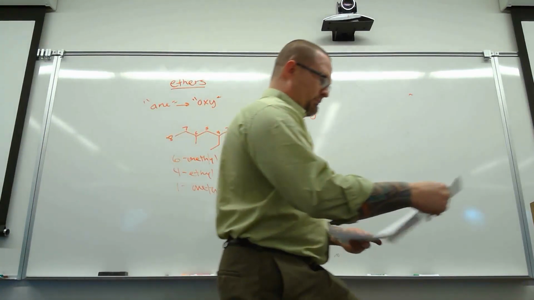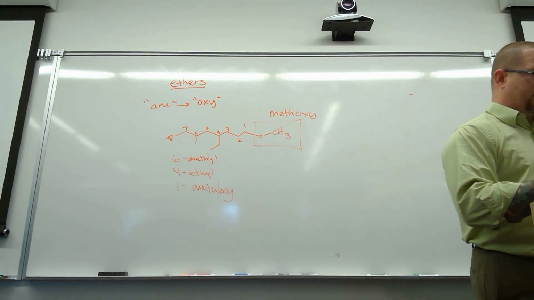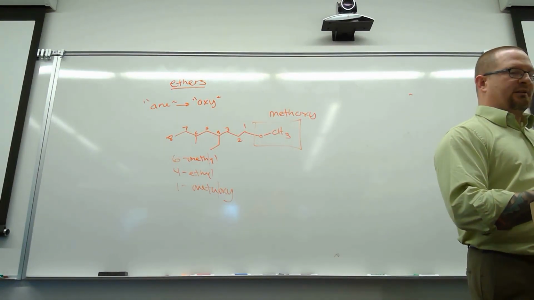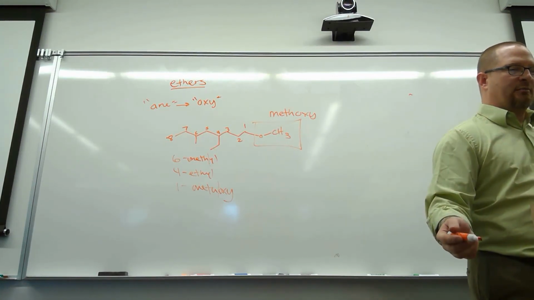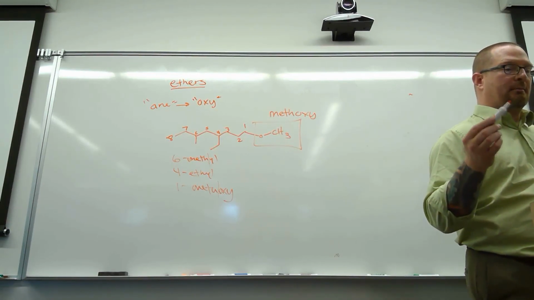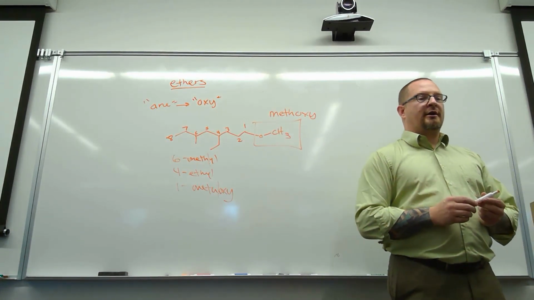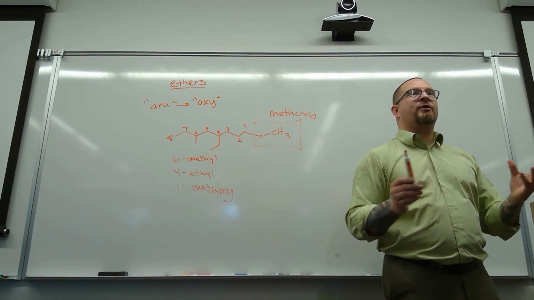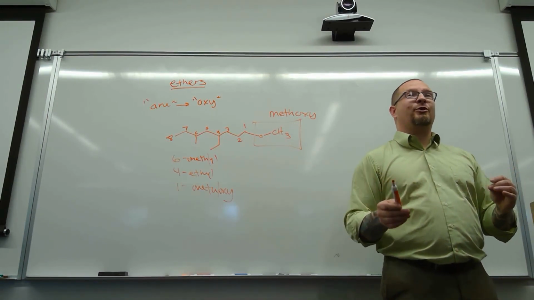Okay, let's see where we're actually at here. Best laid plans. Oh my goodness! Here's the deal. We didn't do alcohols, and we haven't done amines, but we want to spend as much time as possible on cyclohexane rings next class. We want at least 45 minutes on cyclohexanes, which means we're going to have to go fast through alcohols and amines.